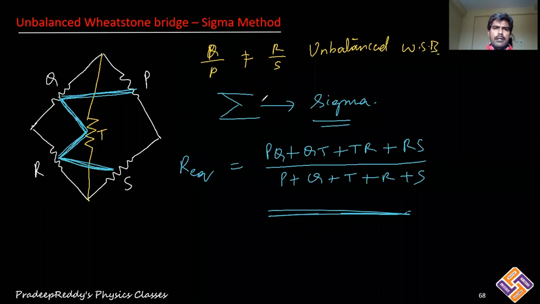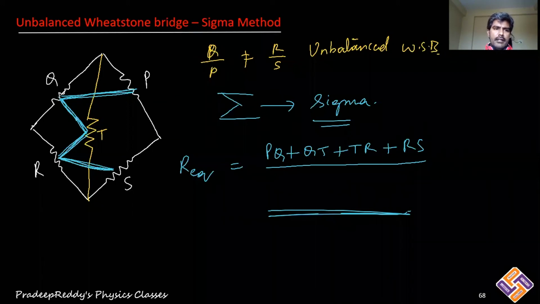Let me clarify. I have one small doubt here. In the denominator, what I wrote is wrong. I have made one small mistake. See here. PQ, QT, TR and RS is the numerator.